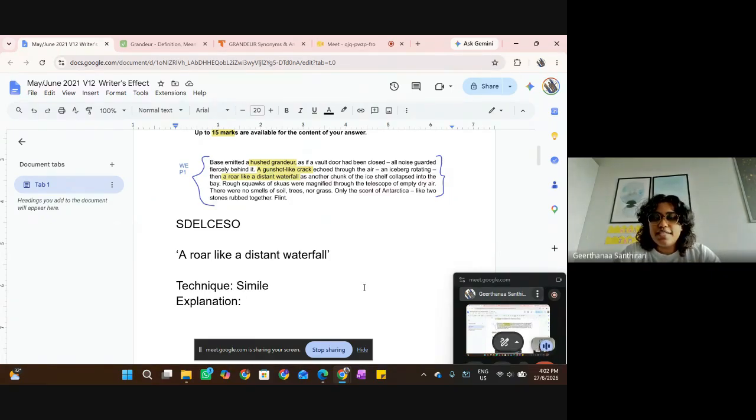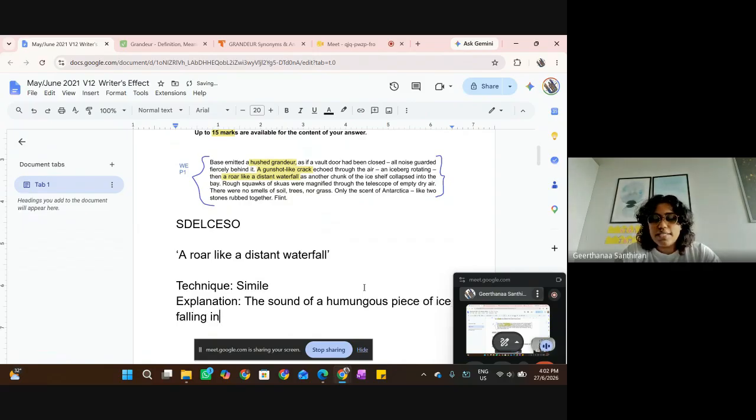Okay, I'm trying to paraphrase, use my own words. Big piece of ice falling, maybe. The sound of a humongous chunk. Chunk is huge, right? Okay, humongous piece of ice falling into the bay.